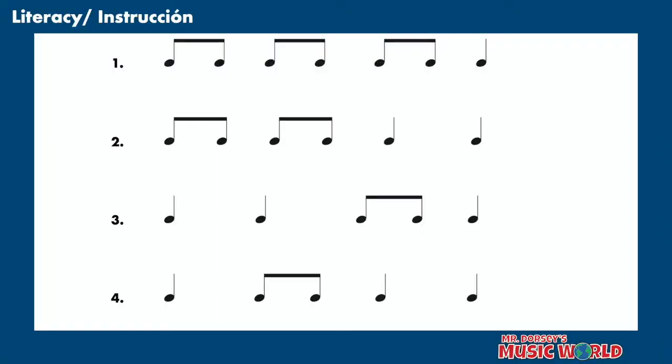We are now going to read the 4 rhythms that we learned how to perform earlier. Echo after me. Make sure that you are looking at the pattern while I say it, and then when you echo it back to me, read the pattern so we can make that sight to sound connection. Here's number 1. Ta, ti, ta, ti, ta, ti, ta.